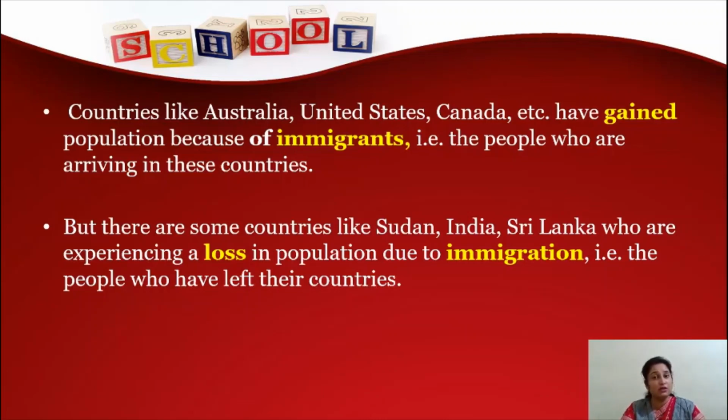Now, which are those countries? These are the same countries from where the people are moving away to go and settle down in the developed countries. There are some countries like Sudan, India, Sri Lanka who are experiencing a loss in population due to immigration.